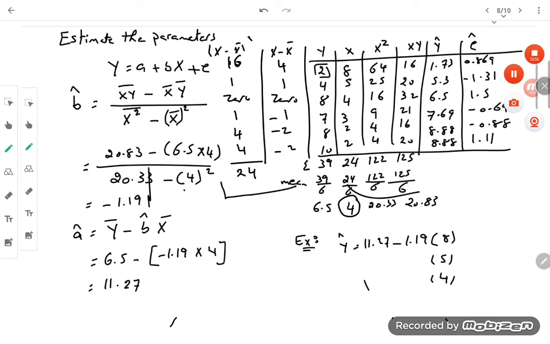So we have to calculate e squared, the squared value of each one of them, and then find the summation of all of them. It will be 6.538.